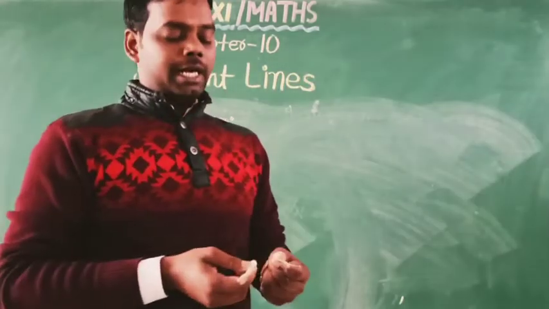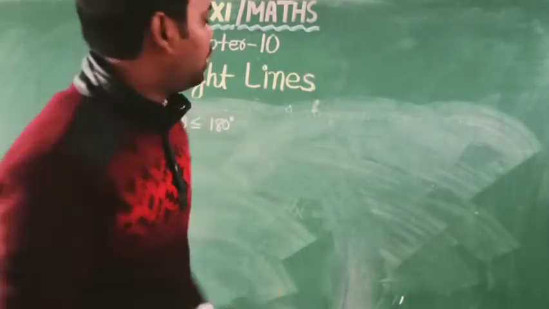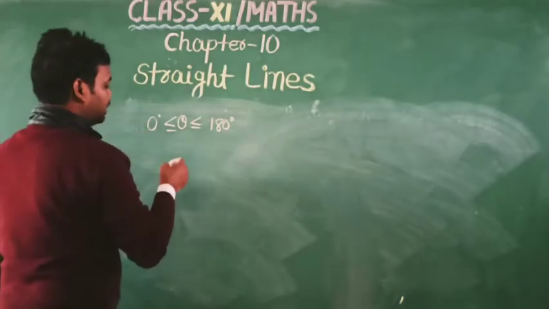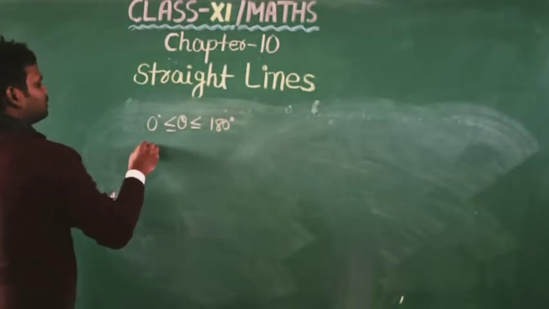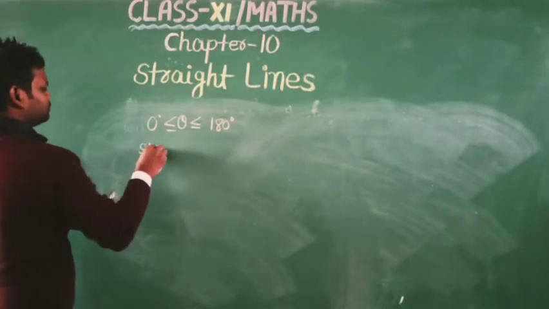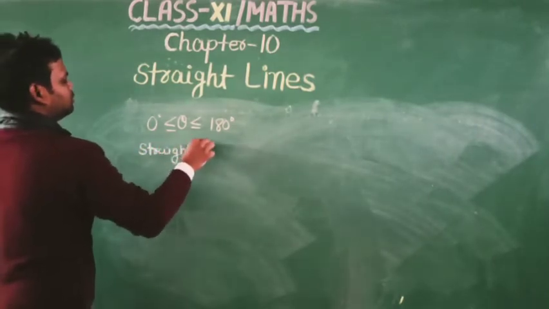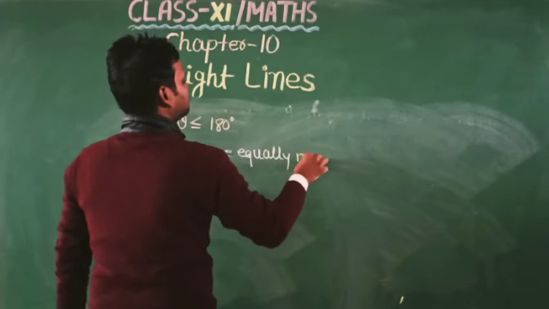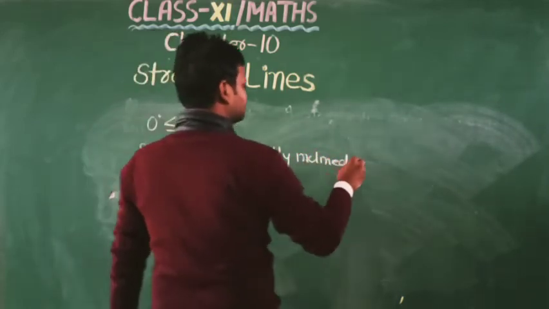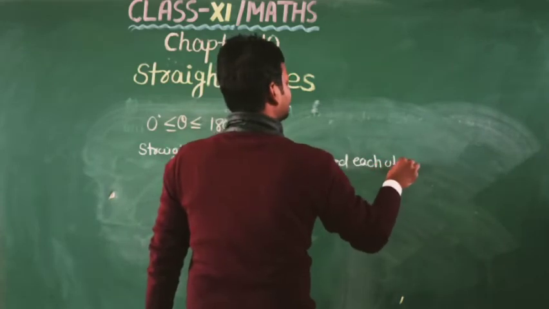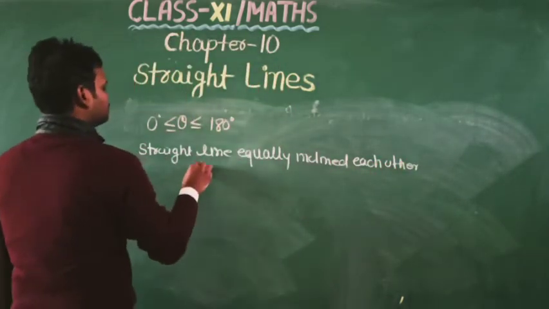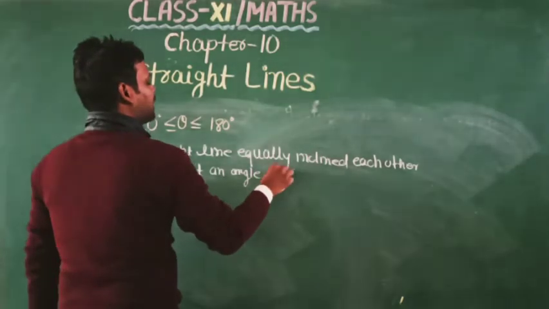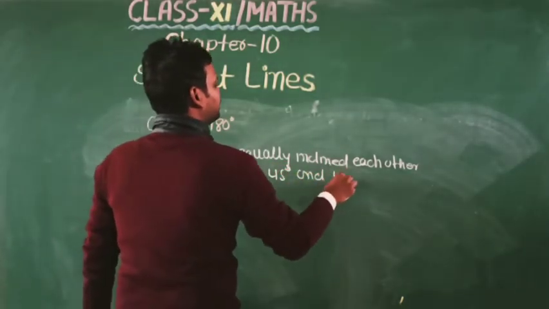And the slope of a straight line equally inclined: the straight lines equally inclined to each other at angles 45 degree and 135 degree.